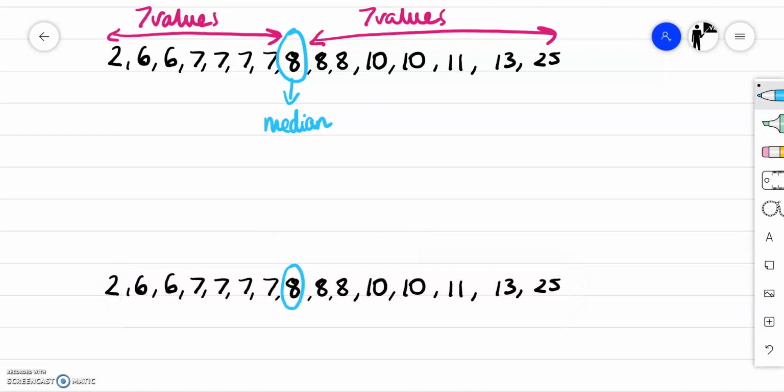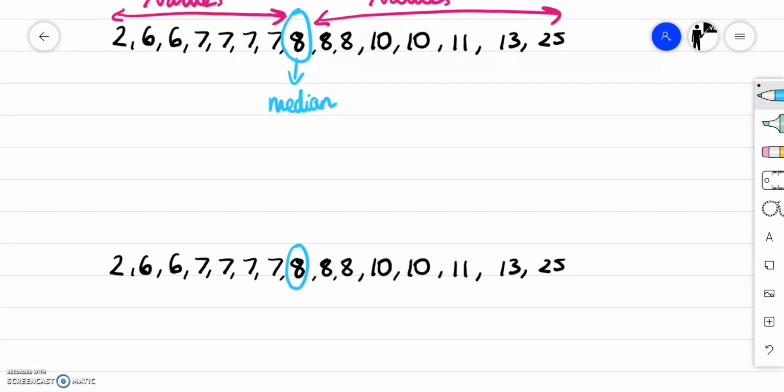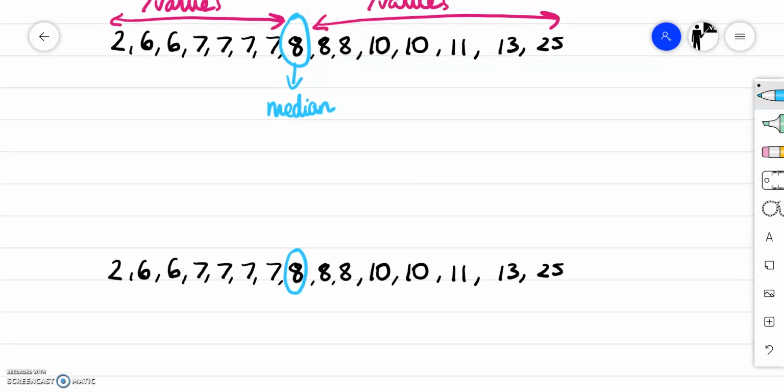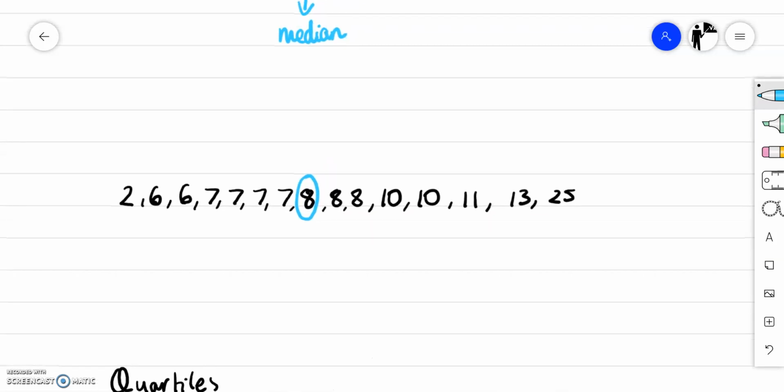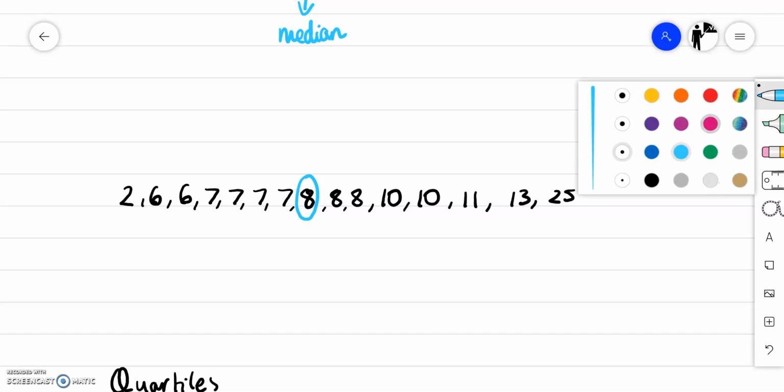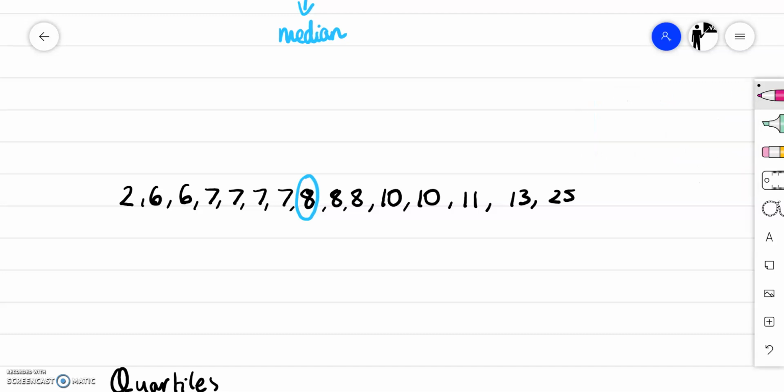To split it into 4 parts, to the left of this 8, we're going to work out the median of this left-hand side. So 2 would match with 7, 6 would match with 7, 6 would match with 7, and I'd be left with this 7 here.